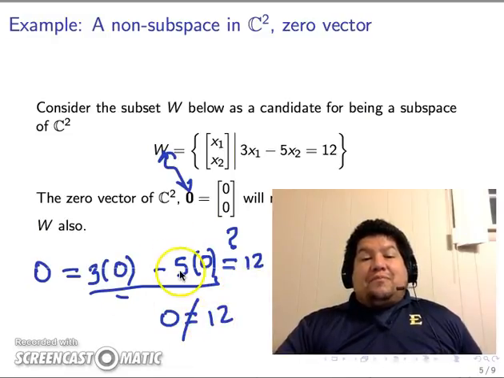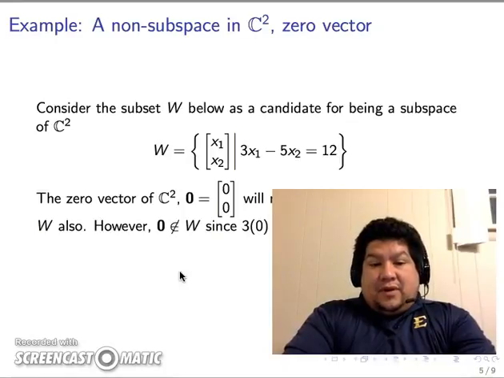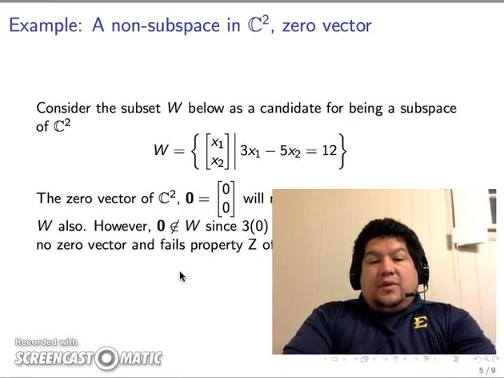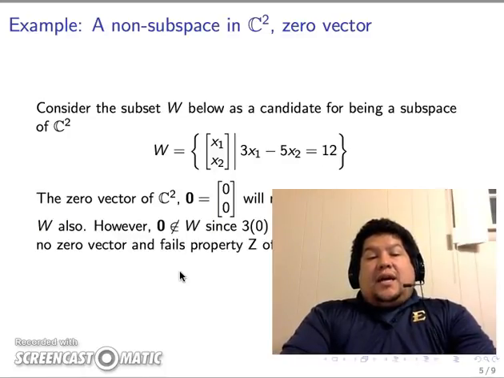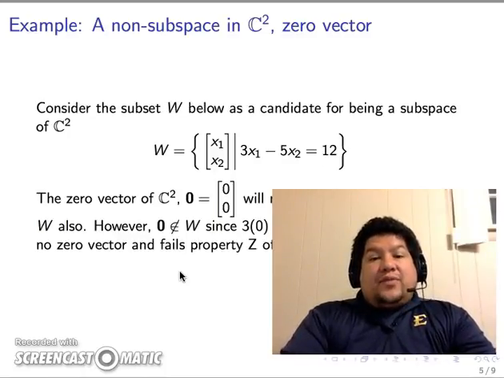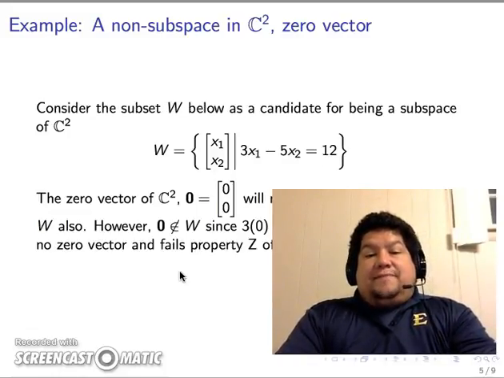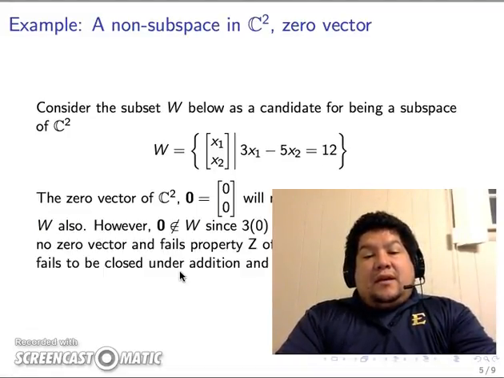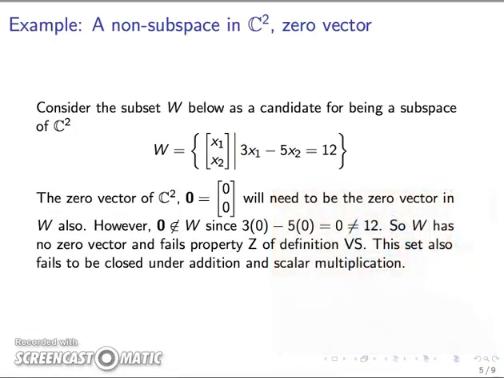So we would then argue that 0 is not a member of W, and that would tell us that W fails to have one of the required properties for being a vector space.